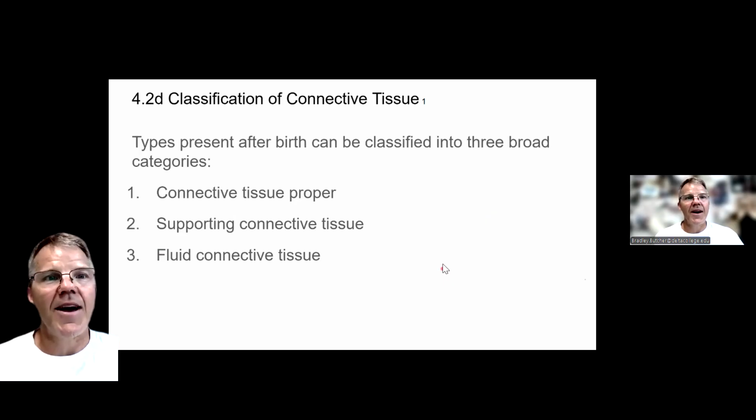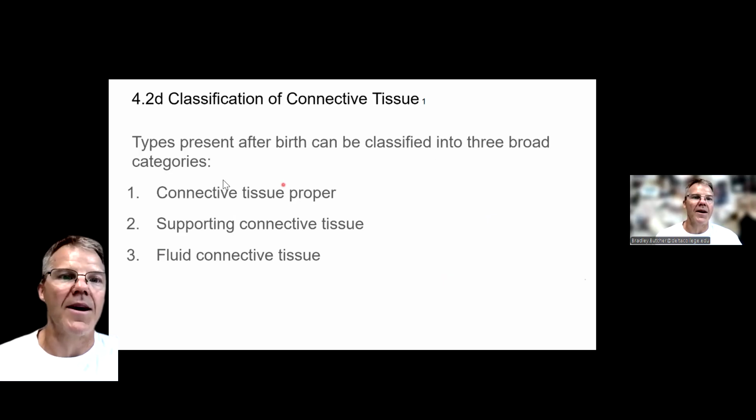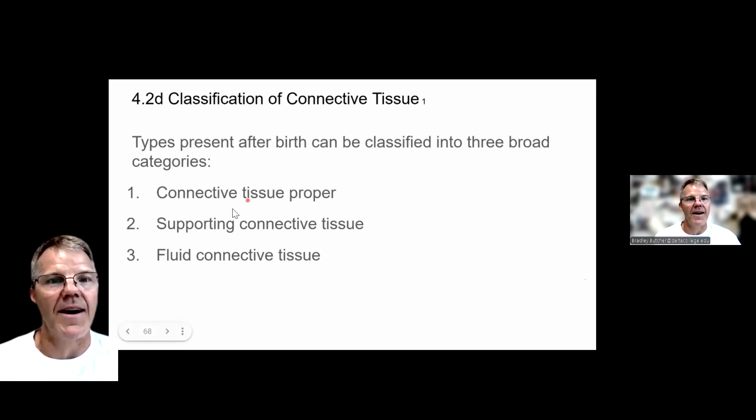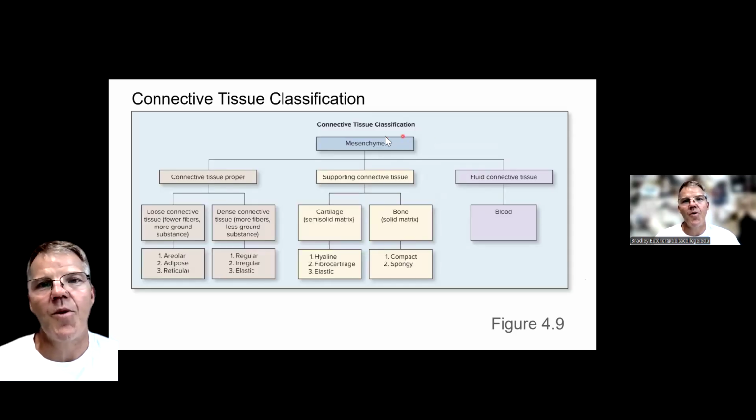We can classify connective tissue in a few different ways after birth, kind of three categories. So you have that connective tissue proper, actually connecting tissue, connecting things, one structure to another. You have supporting connective tissue, and then you have this fluid connective tissue like blood and such. So again, this is a way to think about connective tissue and organize it.